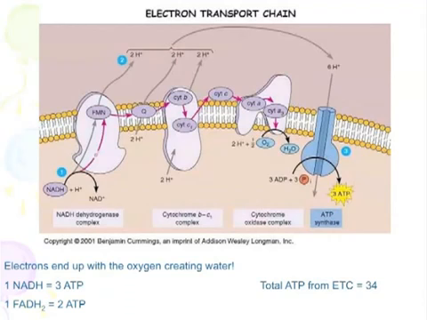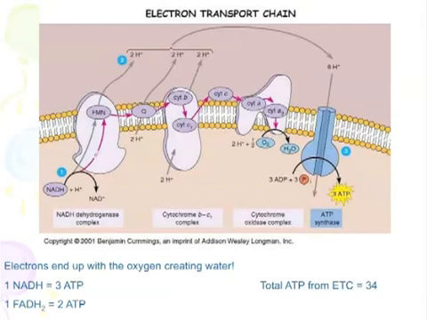So if you look at this whole process, oxygen is extremely important, because if it wasn't there, the electrons would just get backed up, and there wouldn't be any room for any more. It's kind of like if a whole bunch of cars go down a one-way street that is blocked at the end. They can't move because nothing is there to accept them or move them. Oxygen allows that movement, so it allows electrons to continue flowing.